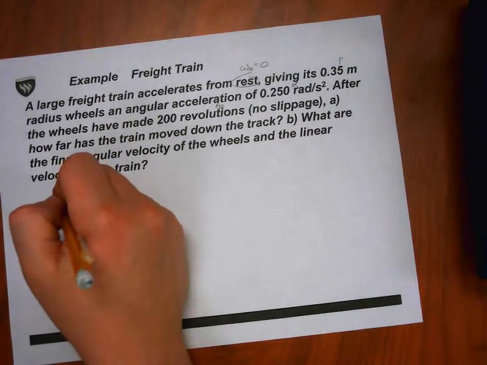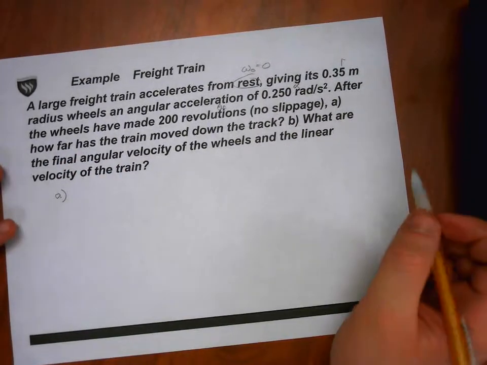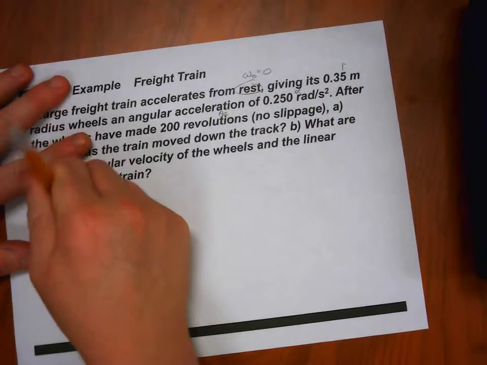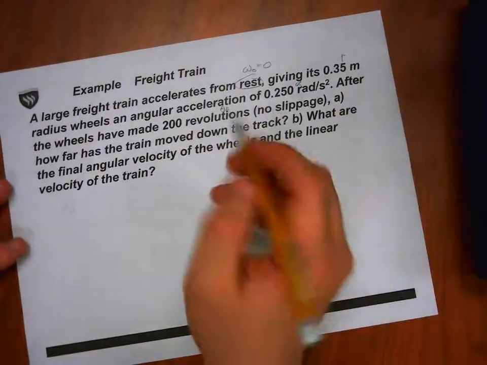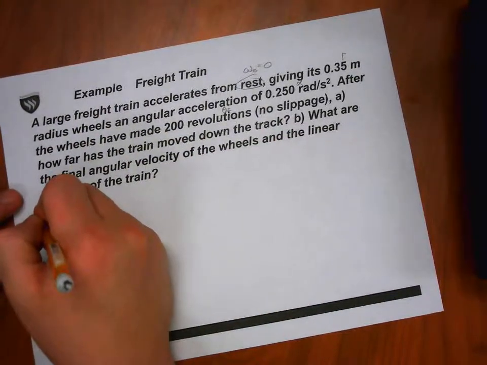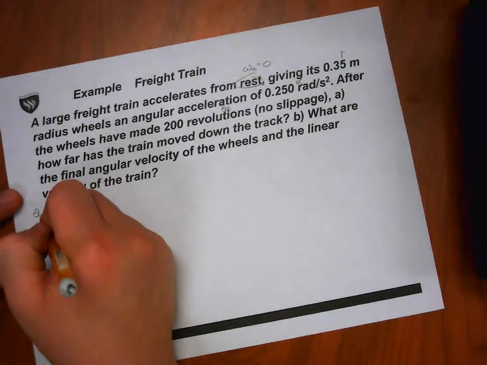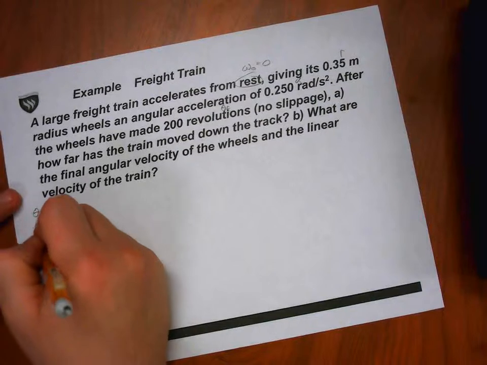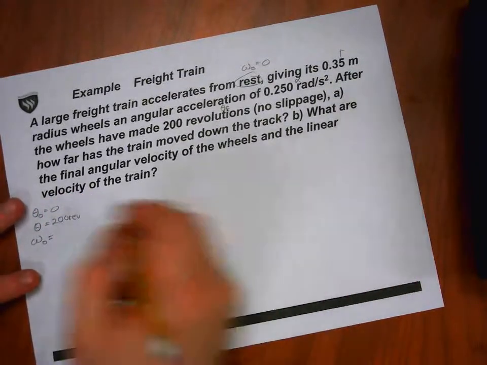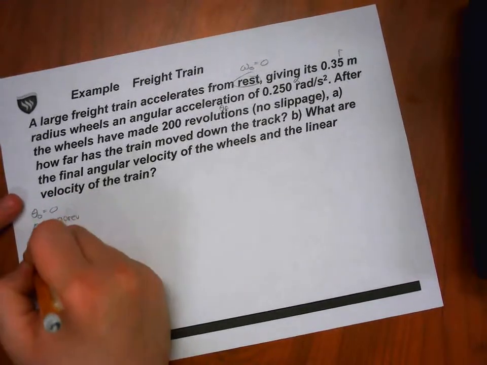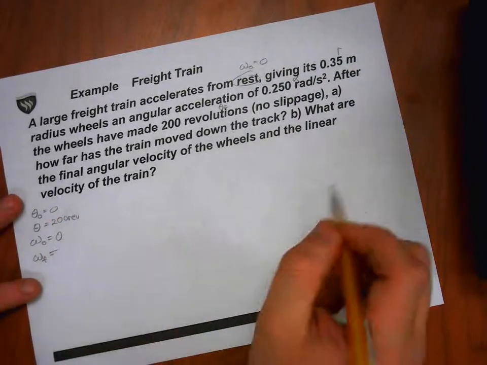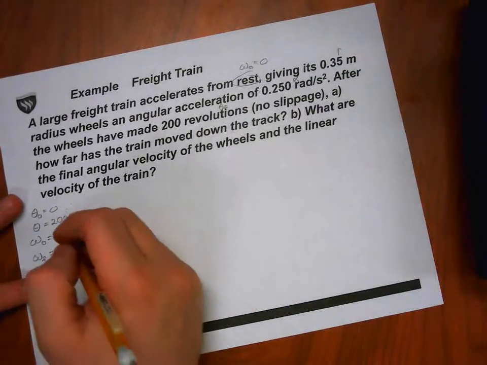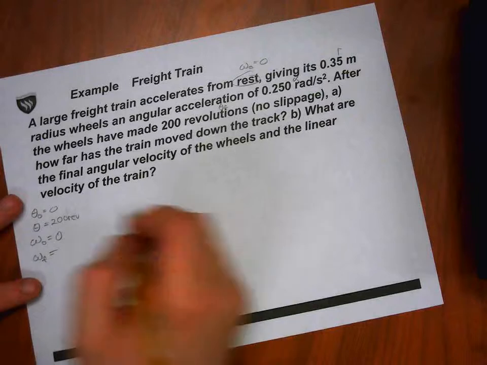Well, let me write down all the stuff we know. Theta 0 equals 0, theta final equals 200 rev, omega 0 equals 0, omega final we don't know about.